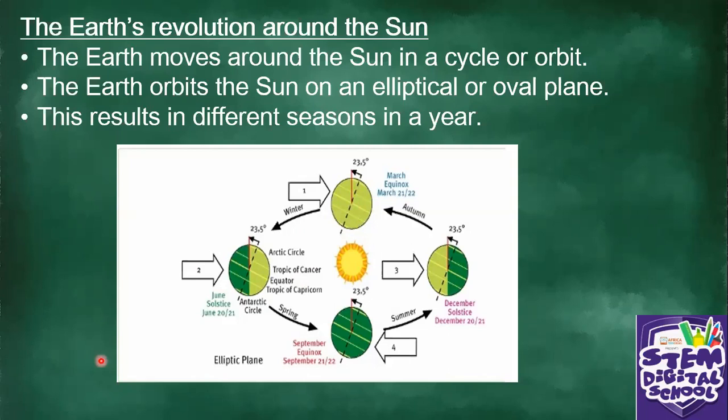This results in different seasons in a year. So the revolution around the sun by the planet gives us different seasons: winter, autumn, summer, spring. So it happens when it's rotating around the sun, and we have different seasons.